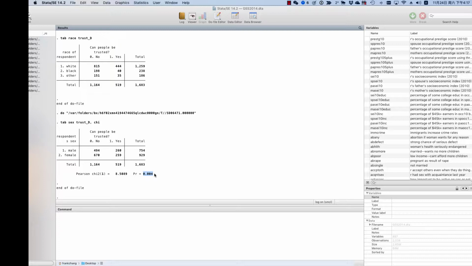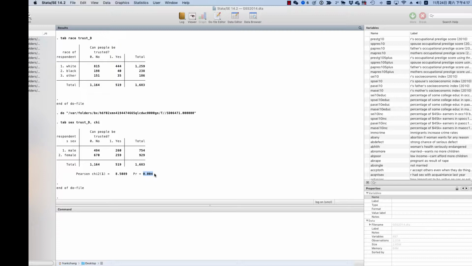It is the probability of making a type 1 error. Or say, this is the probability for you to wrongly reject a true null hypothesis. We want this probability of making a type 1 error to be as small as possible. Usually, we set up the threshold of 5% to be the standard.